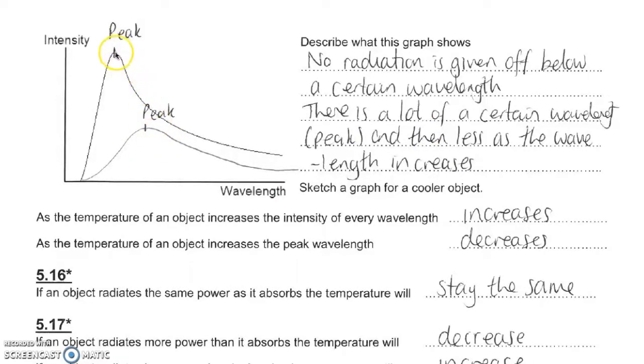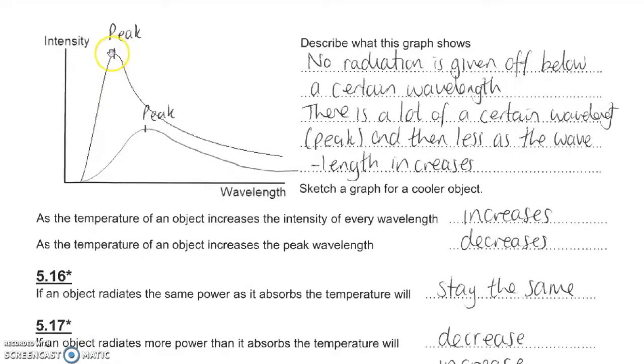After a certain peak, notice that we still get a range of wavelengths. This axis tells us that wavelength increases going this way. So we do get a range of wavelengths, but we get what we call peaks, where we get a certain amount of wavelengths at particular points, and we call these the high intensity points.